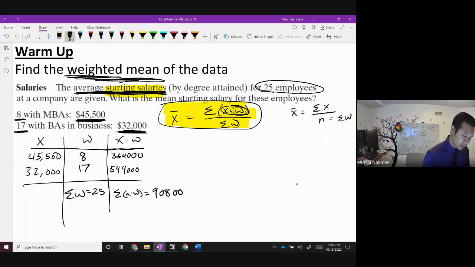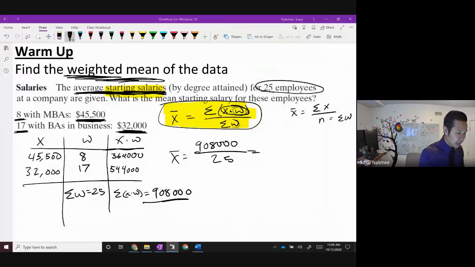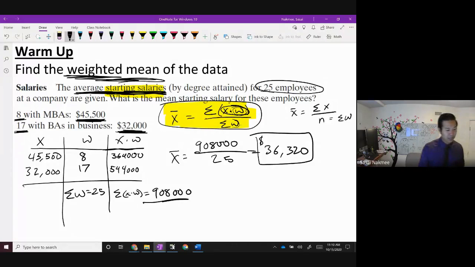To calculate my average, it's going to equal 908,000 divided by the total weight, and the total weight is 25. Plugging it into my calculator, that gives me 36,320. And that's it, guys. That's the average starting salary at this company.